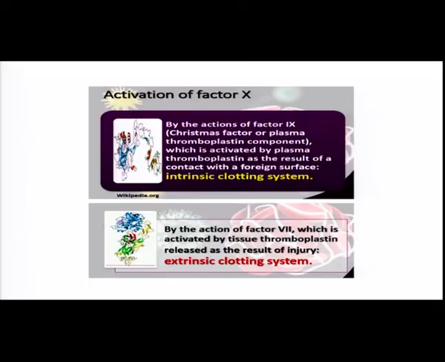Maybe internal cuts, internal damage are all being dealt with by the intrinsic clotting mechanism. It's not like two different mechanisms, it's the same pathway, and the only thing which differs is what triggers the event, and based on that you give emphasis. So that's why we say factor 9, Christmas factor, precedes the intrinsic clotting mechanism, and factor 7 precedes the extrinsic clotting mechanism, and finally they all converge.